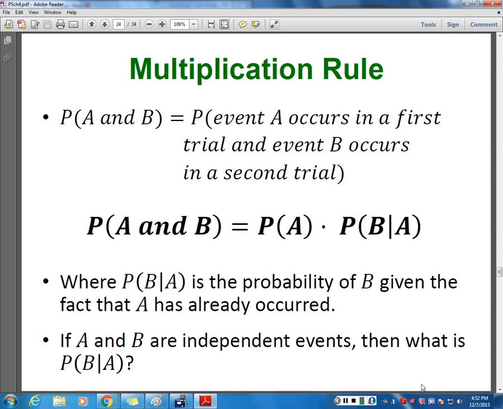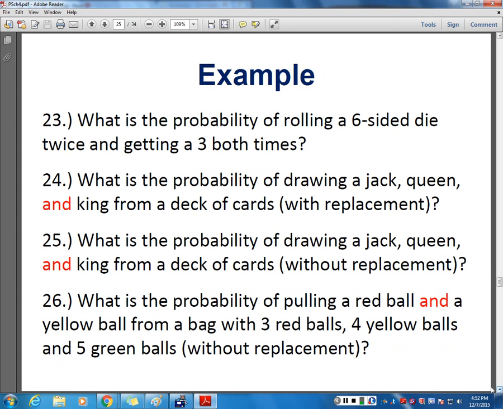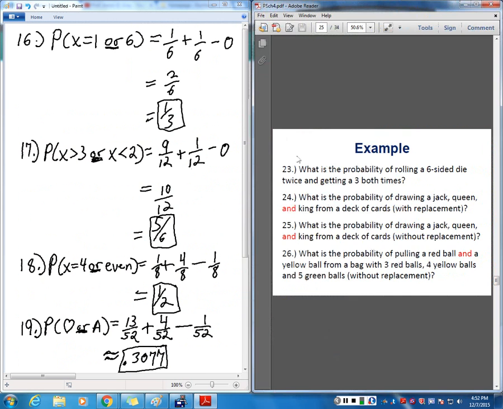It's found by multiplying the probability of A times the probability of B, given the fact that A has already occurred. Now, if A and B are independent, then it doesn't matter that A has already occurred, and you'll multiply the probability of A times the probability of B. Let's do a few examples.